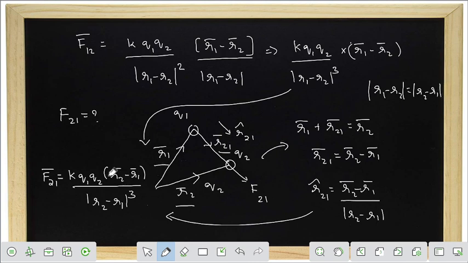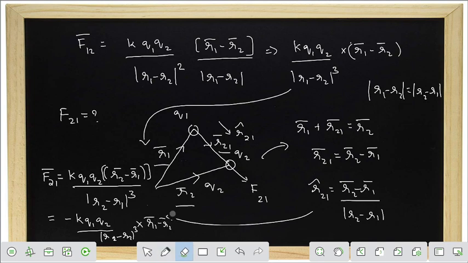If I take the negative sign common from this, I can write this formula as minus K Q1 Q2 divided by modulus of r2 minus r1, or r1 minus r2, whole cube into (r1 bar minus r2 bar).